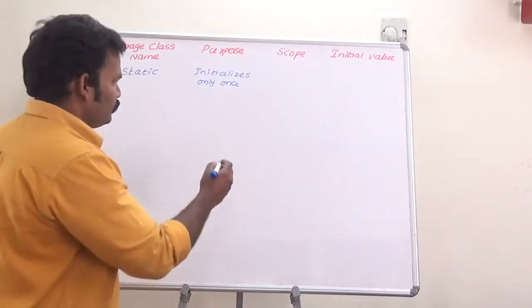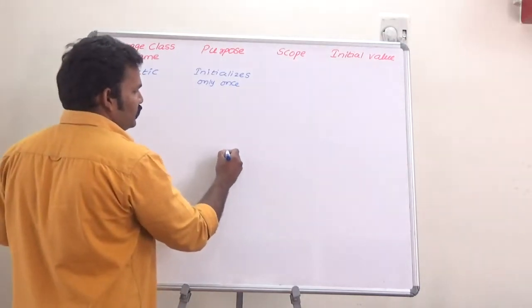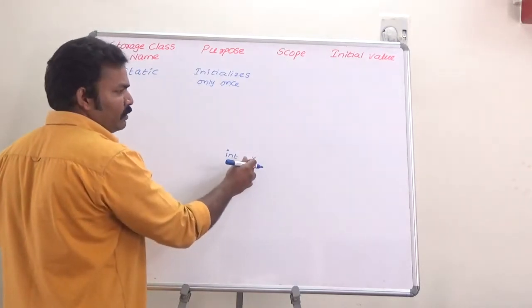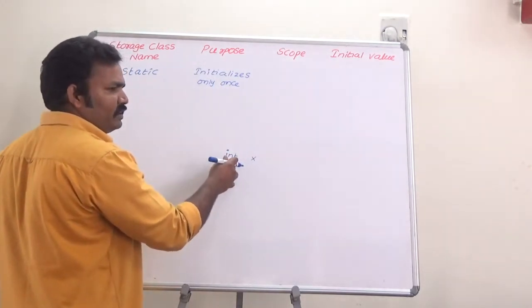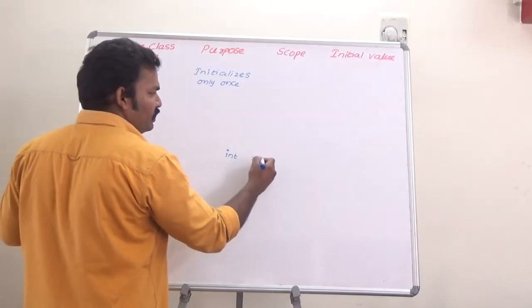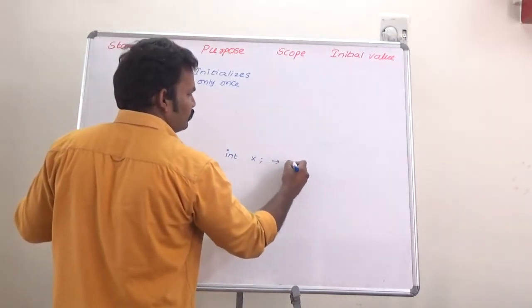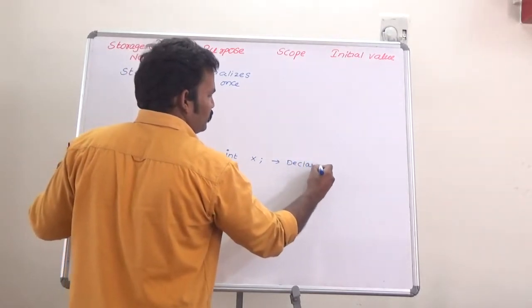Suppose int is the data type and x is the variable. The variable x is declared as int type. So this is a declaration statement.